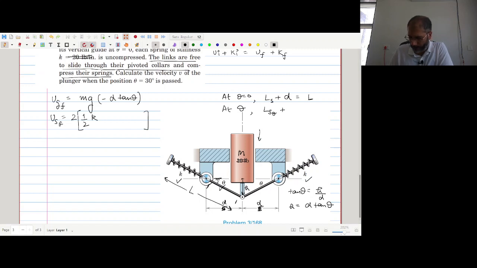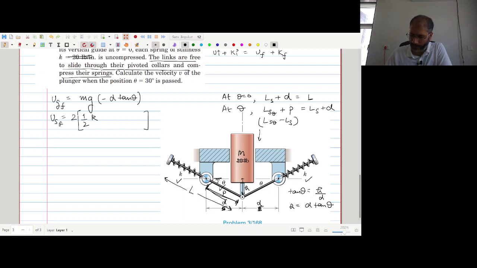plus this length, which we call P, that will again be equal to L, and this L is nothing but Ls plus d. We are trying to find the change, so we write Ls at theta minus Ls.